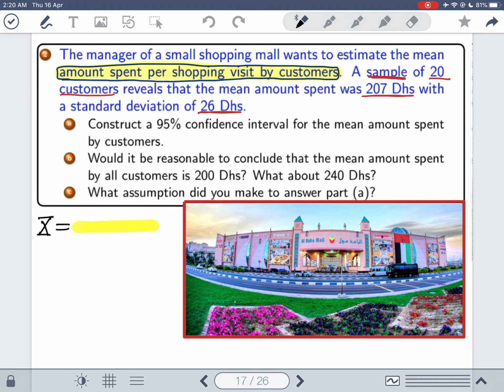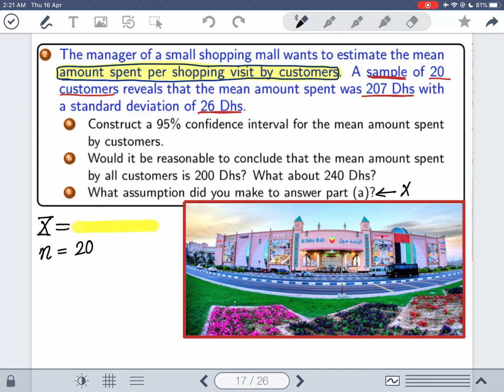Let's see first. A sample of 20 customers, so it's a small sample. So n, the sample size, is 20 customers. Notice that because the sample is less than 30, you have to assume that your random variable is normally distributed, or you cannot answer the question. So the answer is, what assumption did you make in part A?